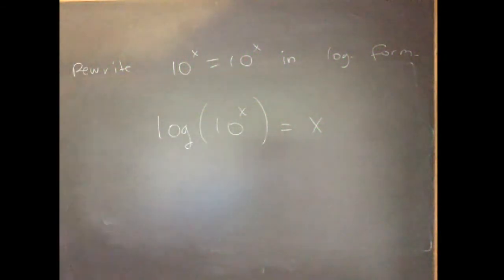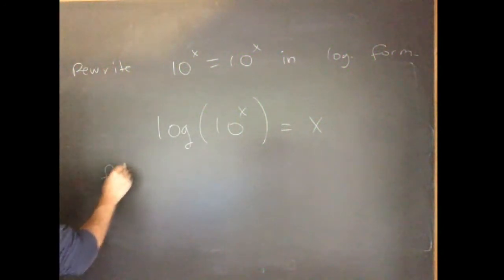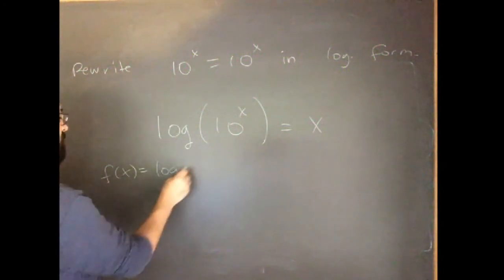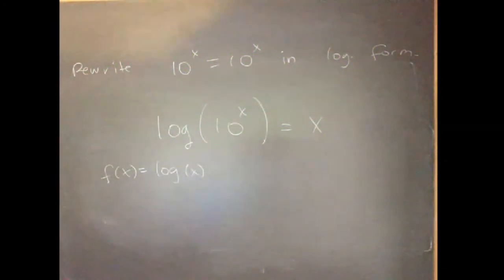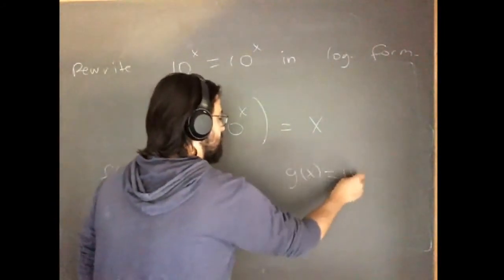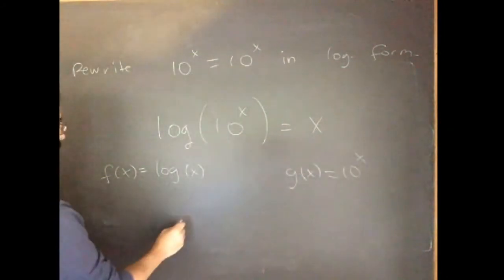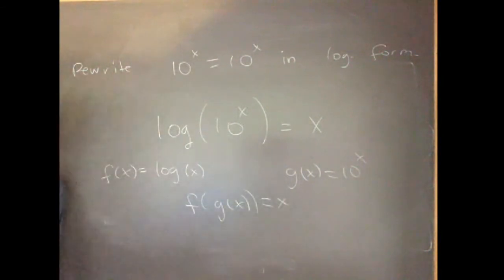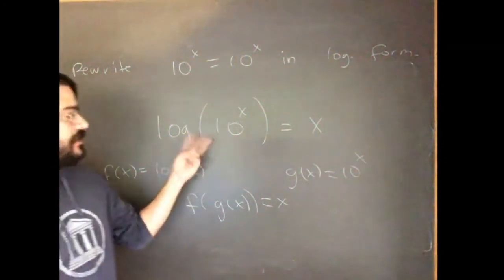So this is one reason why we're going to be interested in logarithms, but this is something we observed graphically earlier. If we let f of x be the log of x, so log base 10 of x, and we let g of x be this function 10 to the x, what we've just seen here is that f of g of x is equal to x, right? And we can also look at the opposite as well.